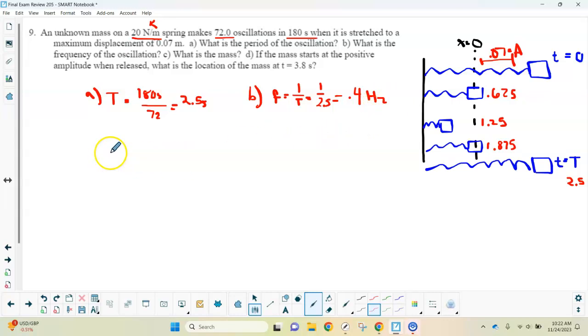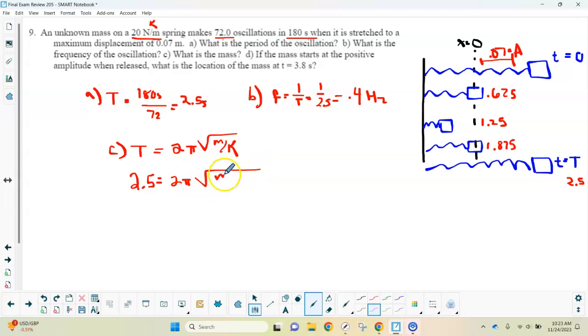So the last part, or the last couple parts, C wants to know what's the mass. So we know the period, and the period equation for a mass on a spring is 2 pi square root of m over k. So again, we're just looking to find m this time. We know this is 2.5. I'm going to keep that as 2 pi.